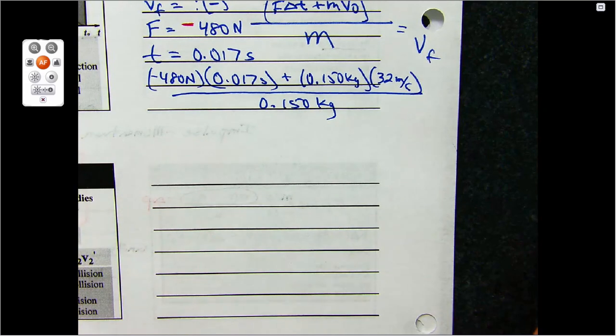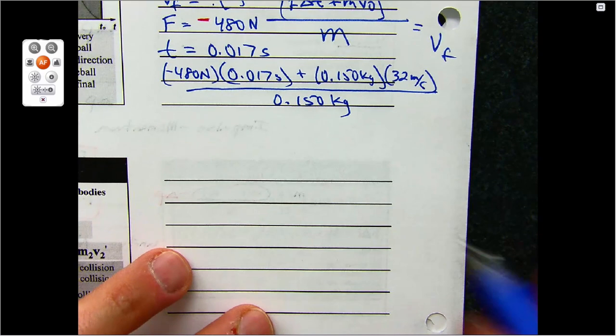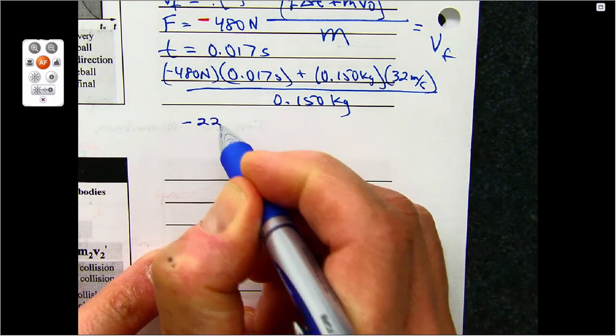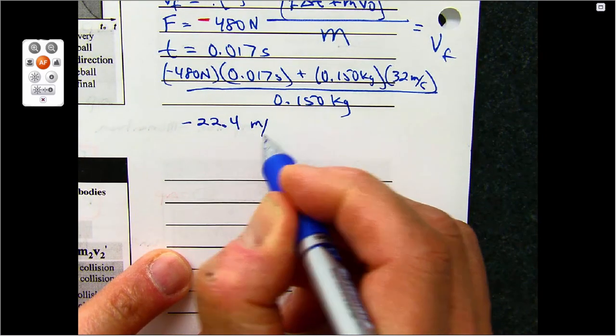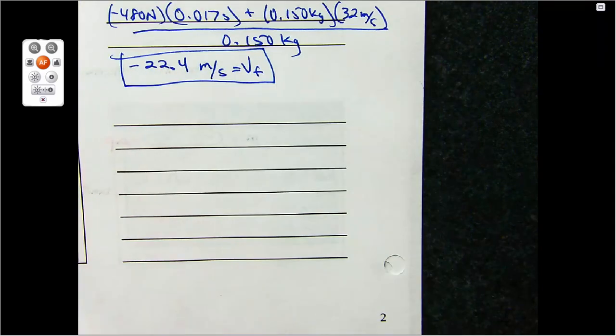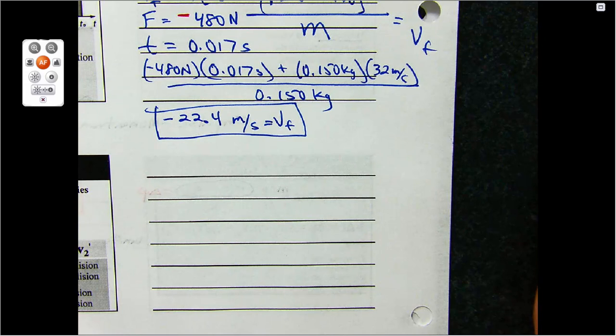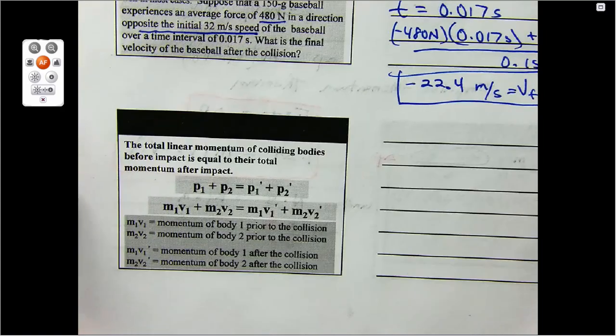If we plug this in, we should get what? Negative 22.4 meters per second. Okay, good. Yeah, meters per second.